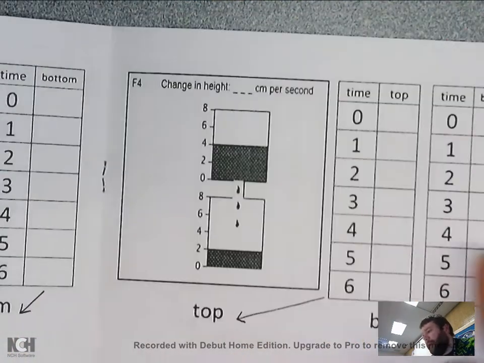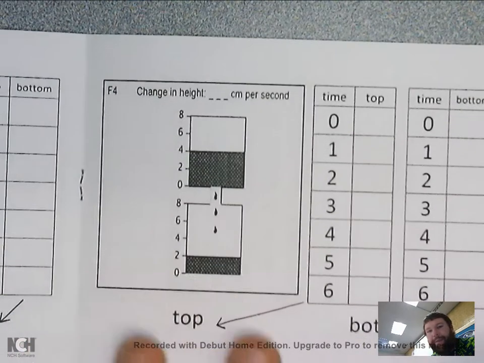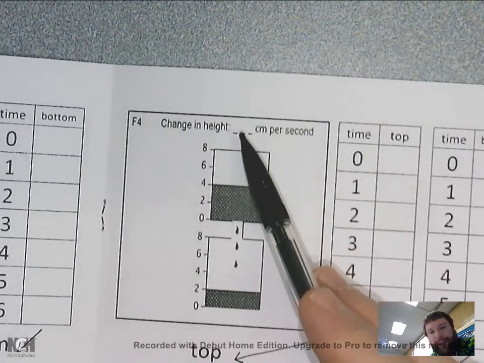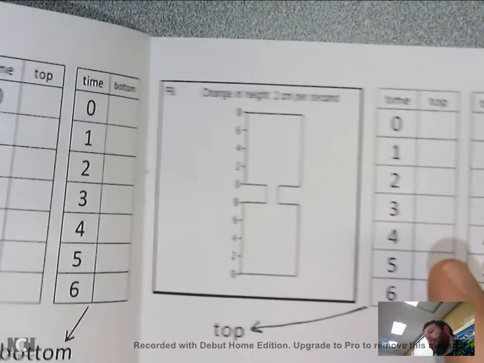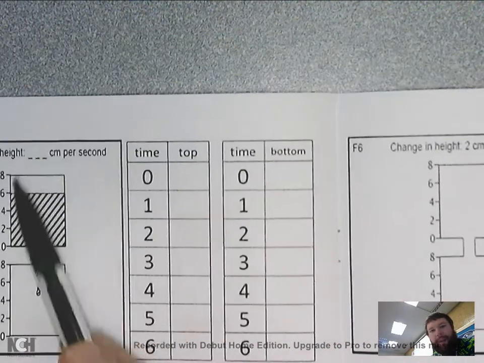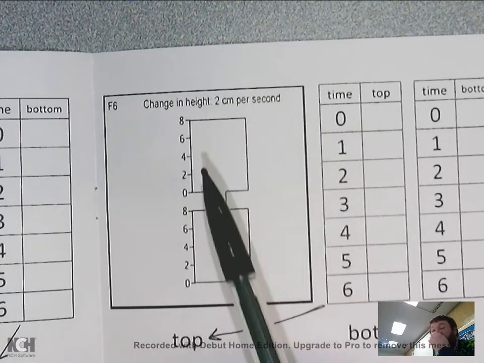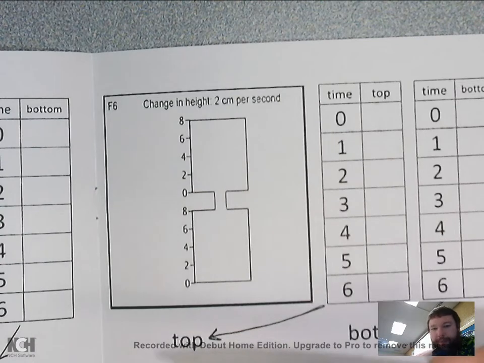And for these last few, this one doesn't tell me the change in height. This one doesn't tell me the change in height either. This one tells me the change in height, but I don't have a starting amount. So we're going to need some more information.